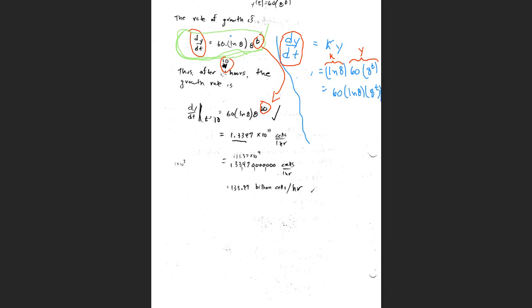Yes, Mohammed, question? I had a question of like, I don't really understand how we set up the initial equation, like when we did dy/dt equals ky. Like how do we figure out what to integrate?